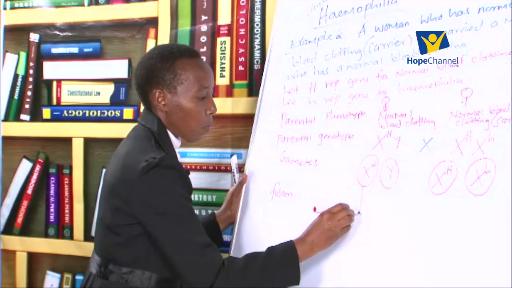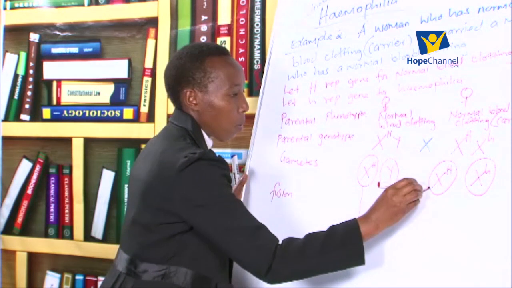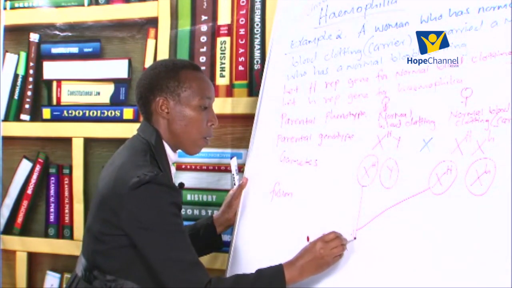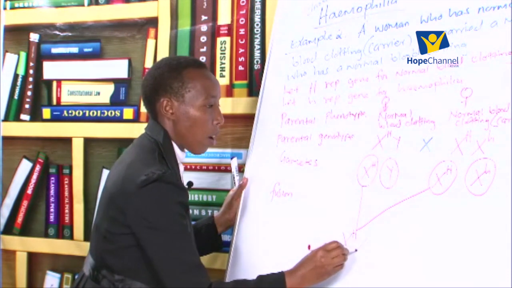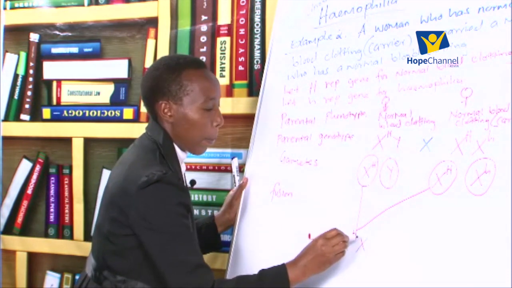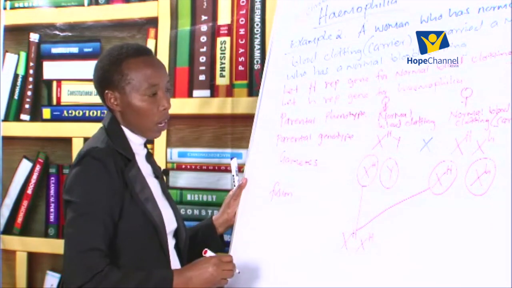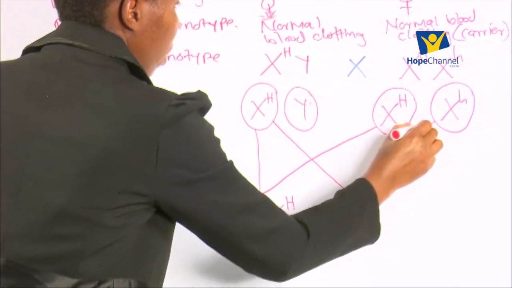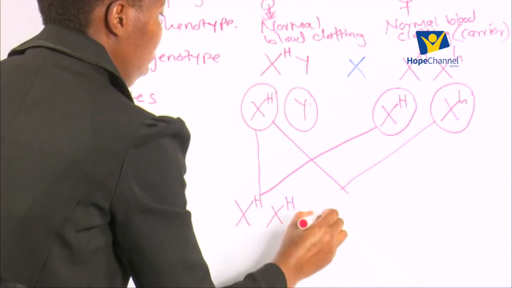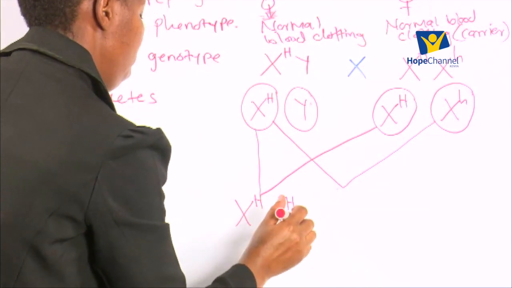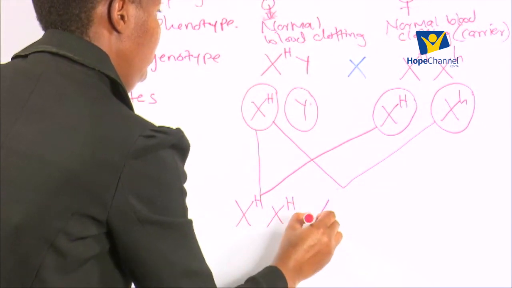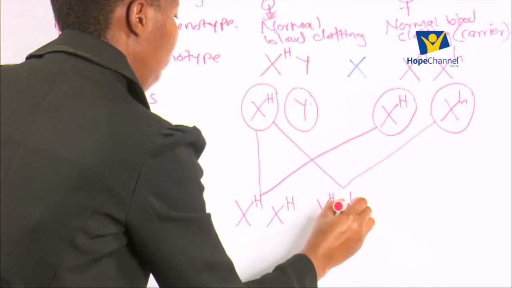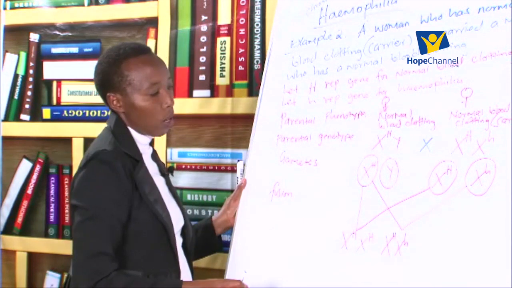If you fuse this gamete and this one, then we are going to have a girl who is normal, homozygous normal. If you fuse this one with this one, then you are going to have still a girl who is normal but carrying a recessive gene.